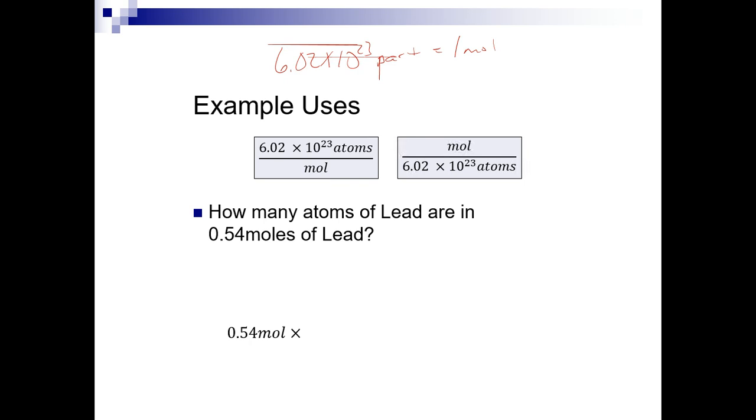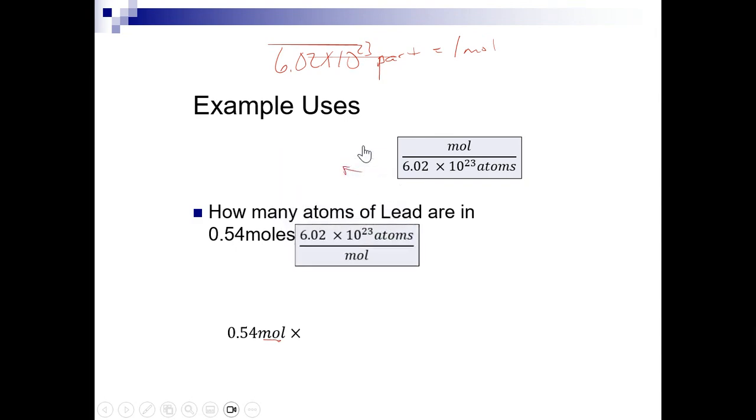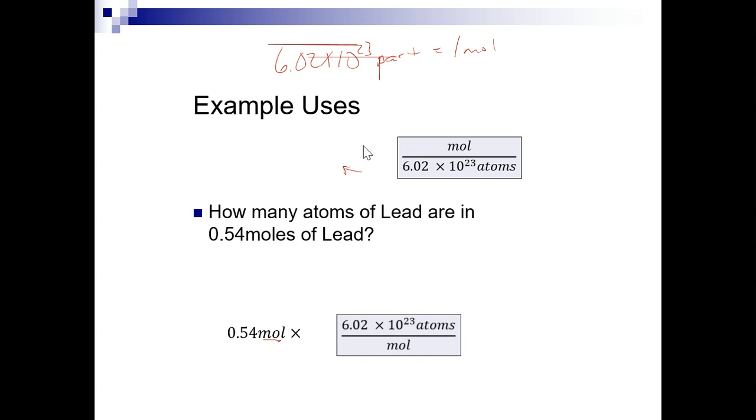Just like in the last video, we want to cancel out our units. So if I want to cancel out moles, I'd use the one that has moles in the bottom. I would take this particular one, plop it down there, and then do the math.